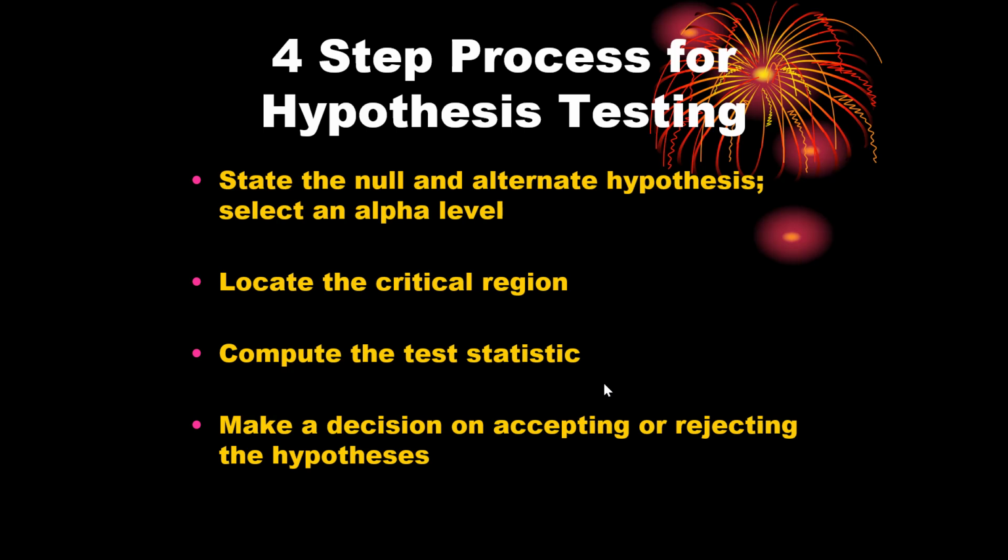Computing a test statistic is exactly what it sounds like. This could be any statistic that is designed to answer your research question, everything from a z-score to a z-test to a one sample t-test, an independent samples t-test, a paired samples t-test, a one-way ANOVA, a factorial ANOVA, which could be just for purposes of conceptualizing a two-way ANOVA or a three-way ANOVA or a four-way ANOVA.